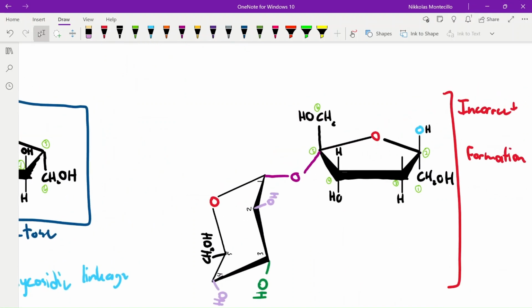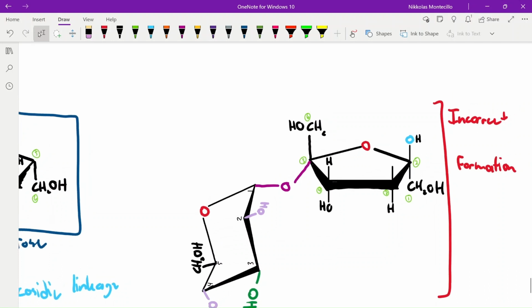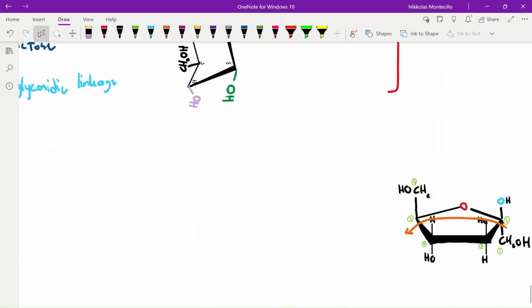That's why I realized that the mechanism doesn't make sense if the attack was to occur at carbon 5 of the fructose group, or with fructose using carbon 5 as the nucleophile. It wouldn't make any sense.